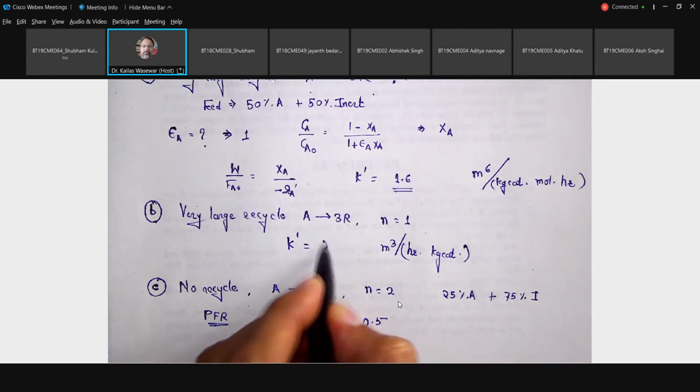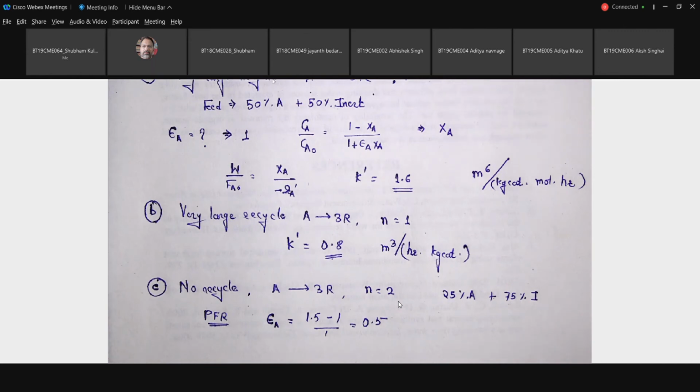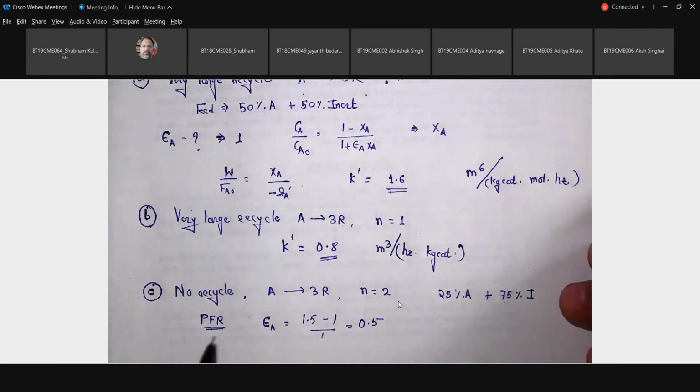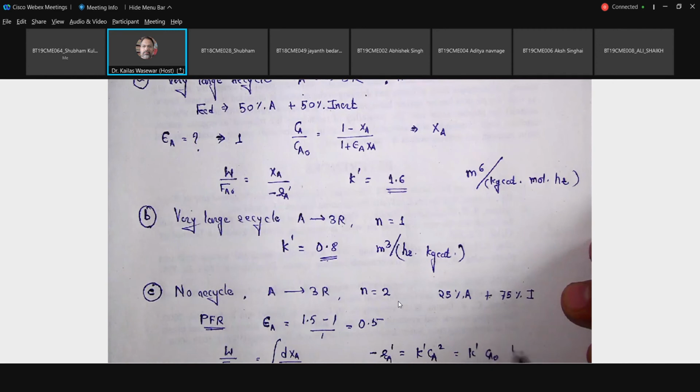Yes, someone says 0.8. So for plug flow reactor, W upon Fa0 is equal to the integral of dXa over minus Ra, and minus Ra is equal to K Ca squared, or it will be K Ca0 times 1 minus Xa upon 1 plus epsilon A Xa, squared.